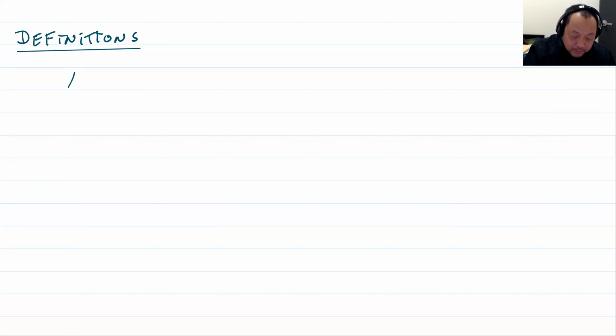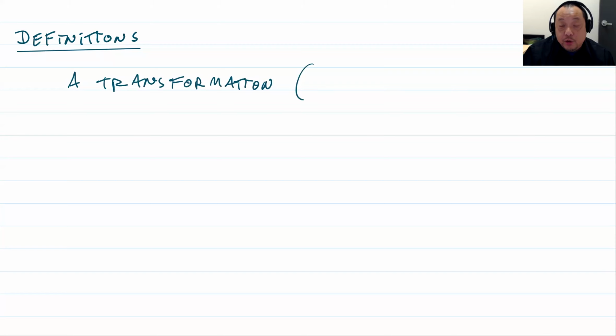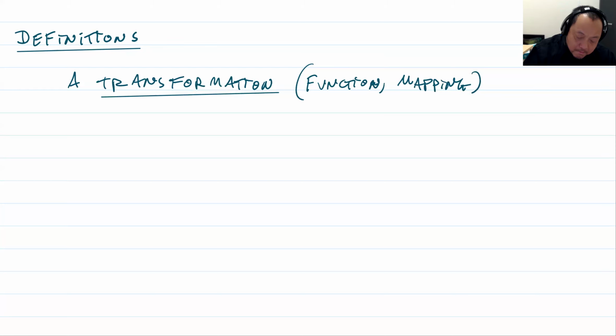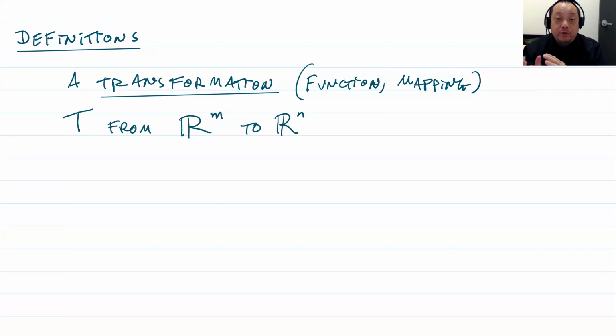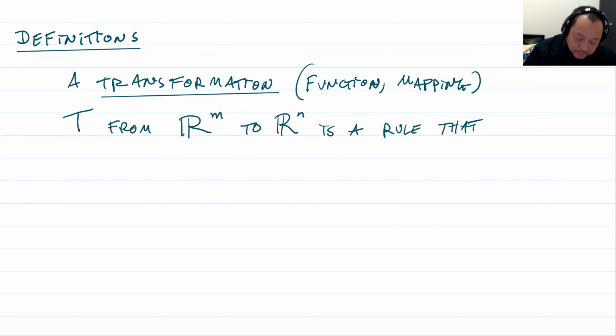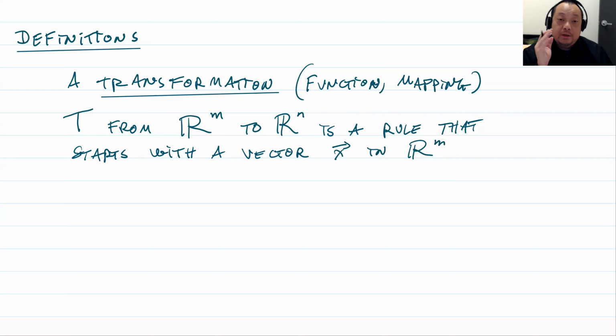A transformation, also called a function or a mapping, and let's denote it by the letter T. Let's say that we go from one Euclidean space to another Euclidean space. Let's start with a vector x in the starting set, and then it gives you a result, a different vector in the ending set.